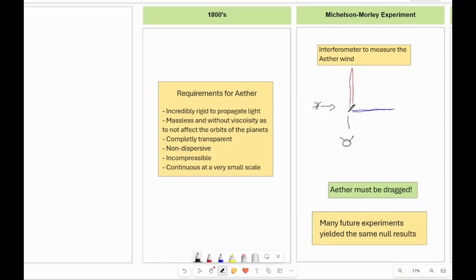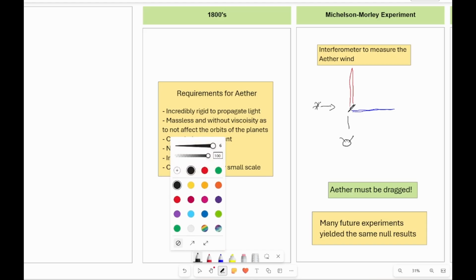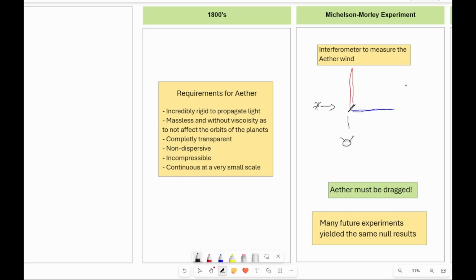Essentially, this would be rotated. And if there was an Aether wind going in that direction, then as this apparatus was rotated through the Aether wind, the amount of time light would take to travel down one leg would vary compared to the next.